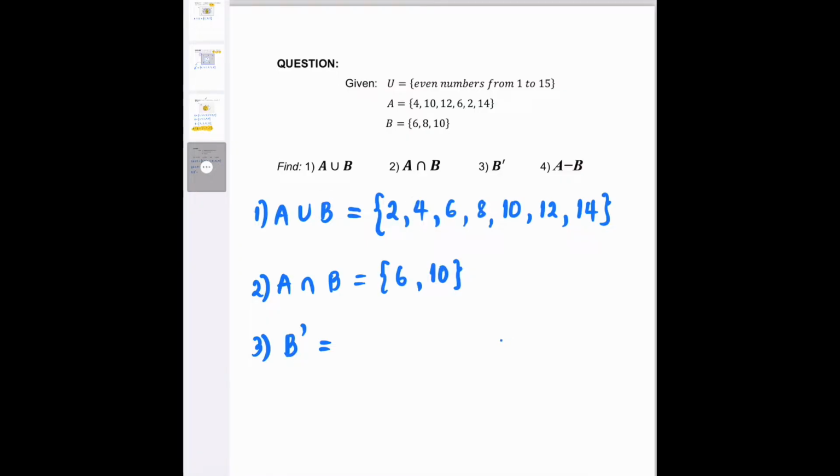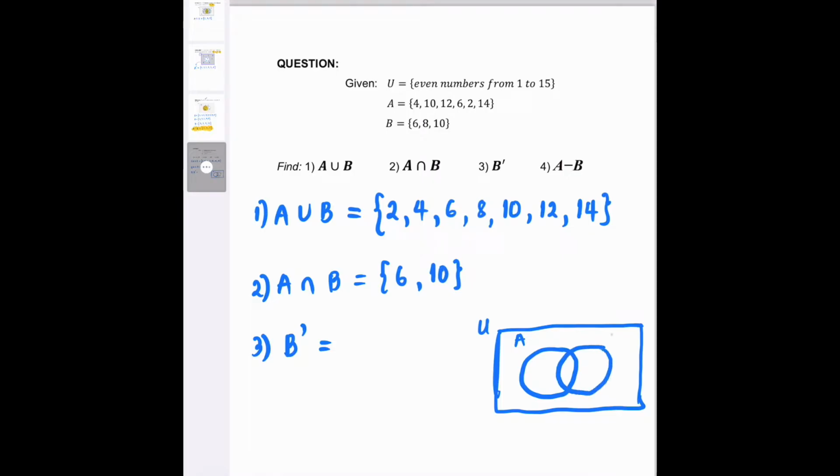So you can have this, the universal set, and you have set A and set B, they have intersections. Remember, they have intersection.